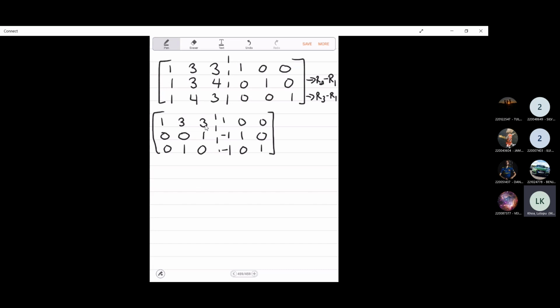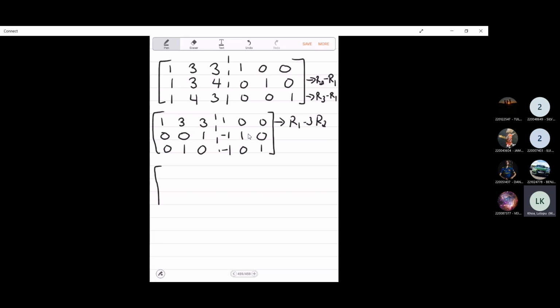So we have to first make this one here 0. I will multiply the second row by 3 and then subtract it. So this is row 1 minus 3 times row 2.